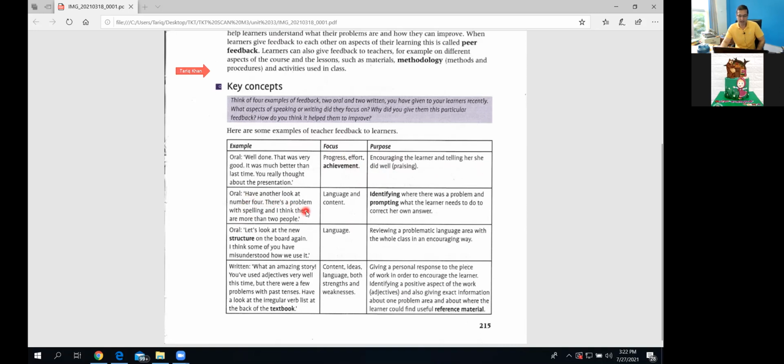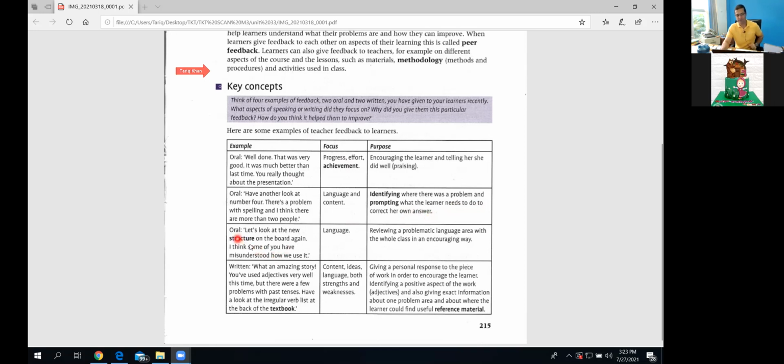"Have another look at number 4. There is a problem with spelling, and I think there are more than 2 people." The focus is language and content, when you want to point out and give feedback while the lesson is going on, identifying where there was a problem and prompting what the learners need to do to correct their own answer.